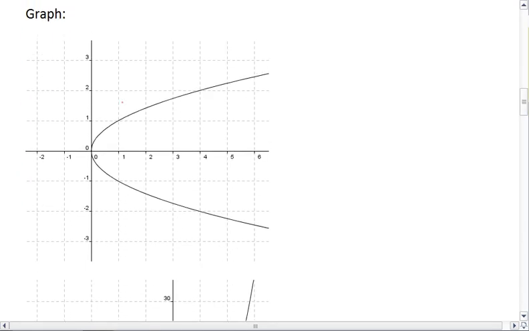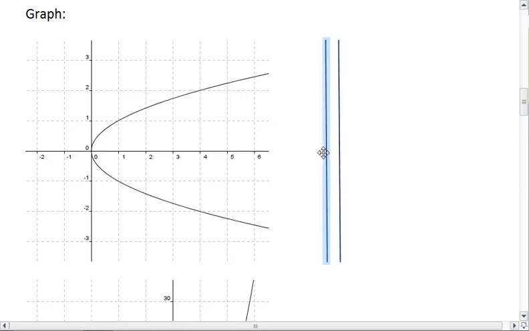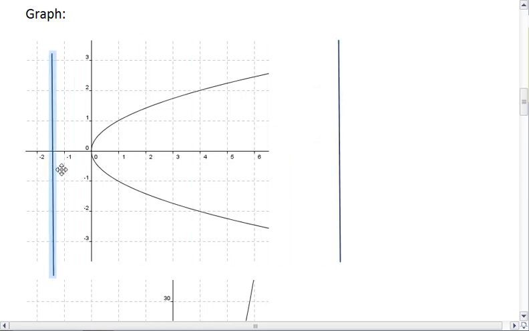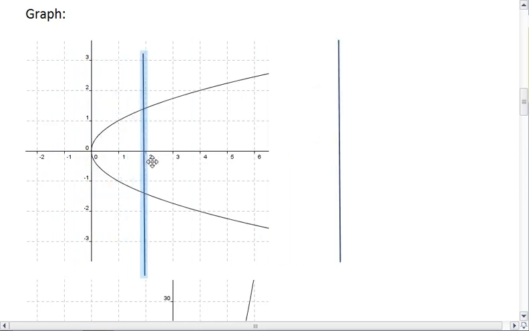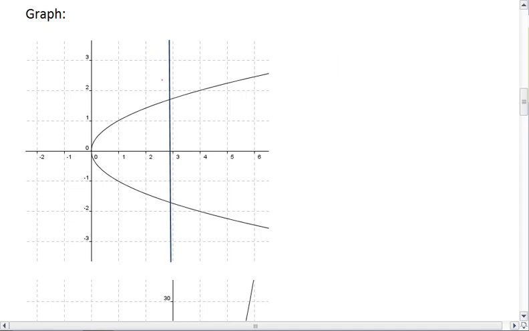So this first graph, if we take a vertical line, and if we carry it across the graph, we see that there are points when that line intersects 2 parts of the graph. This means it does not pass the vertical line test, and so it is not a function.